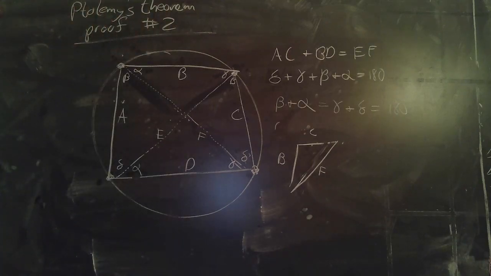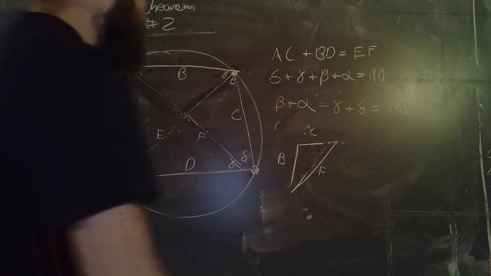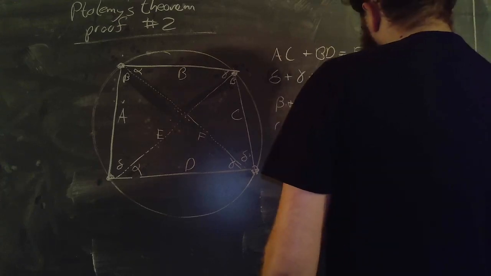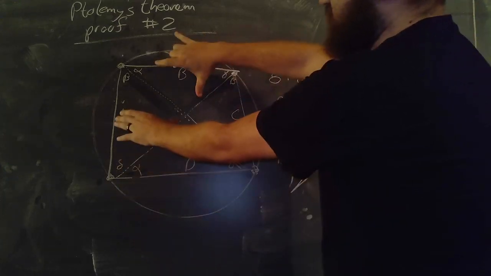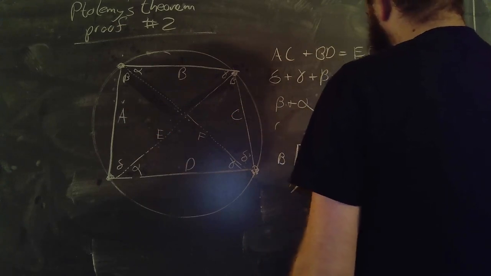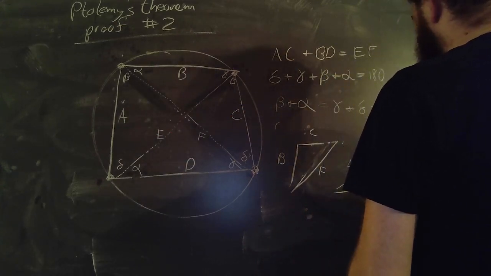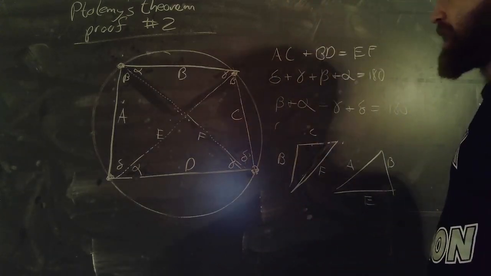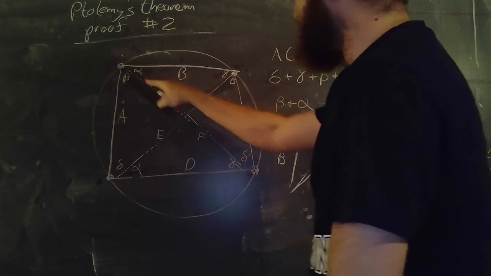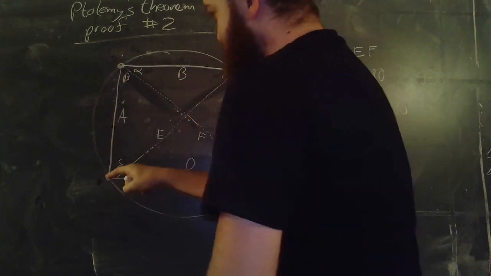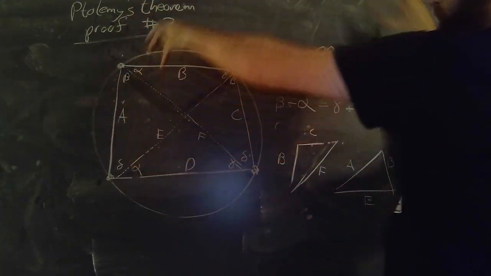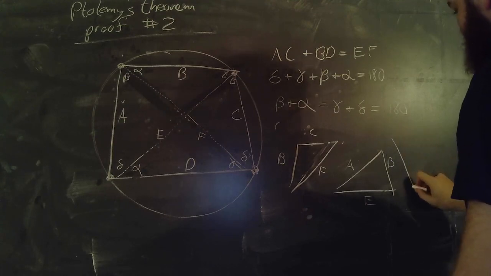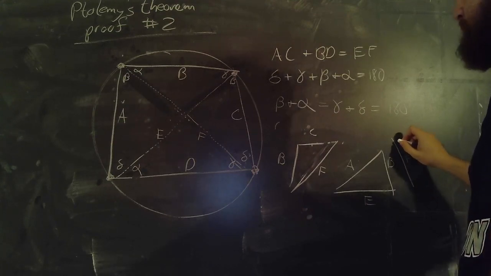So next we cut triangle ABE, and we're going to arrange it in such a way that side E is along the bottom. And just tilting it down like this, we'll have side A here, and we'll have side B here. Then lastly, we're going to cut the triangle labeled AFD, and we're actually going to flip this entire triangle almost 180 degrees so that side F goes right here.